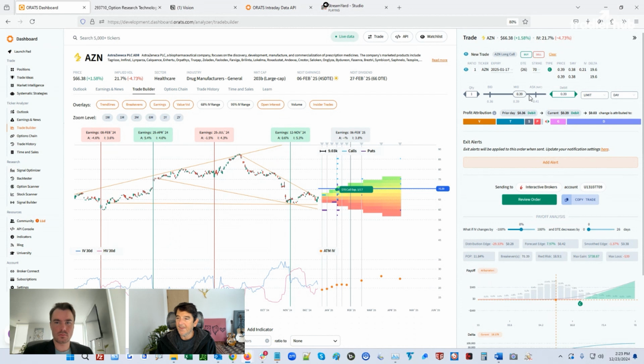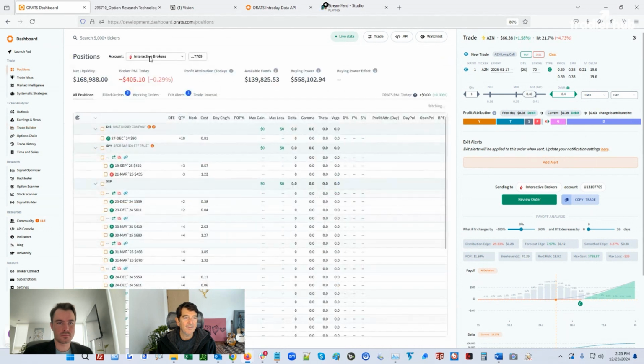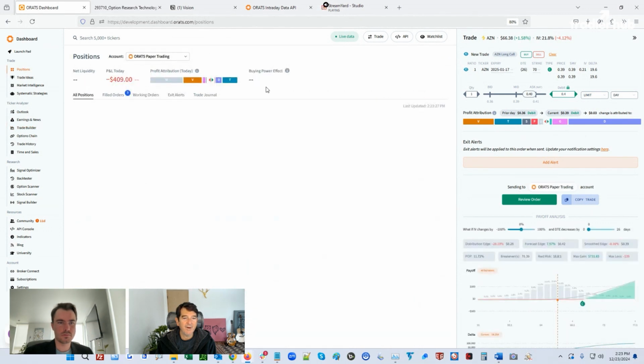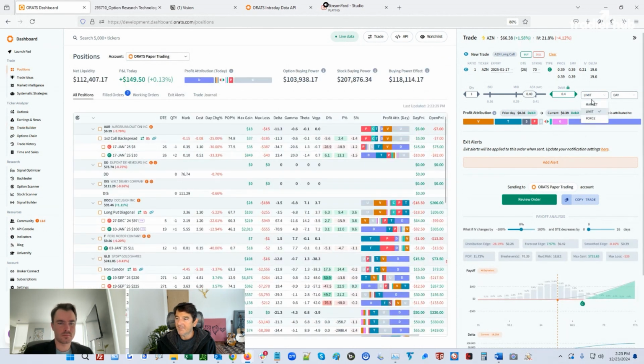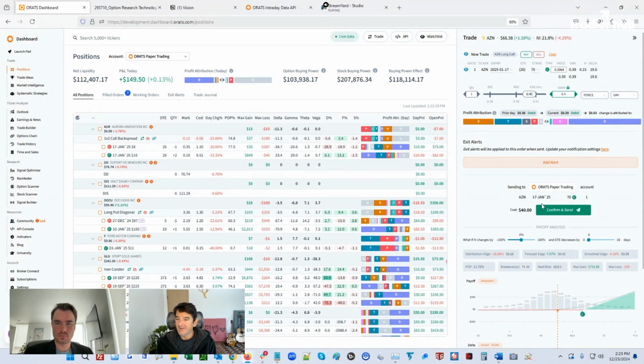So let's put it in and we'll force it. Oh, first of all, let's do it in our paper trading account. Let's force it, and so we'll buy that.